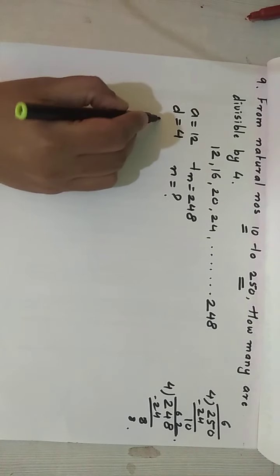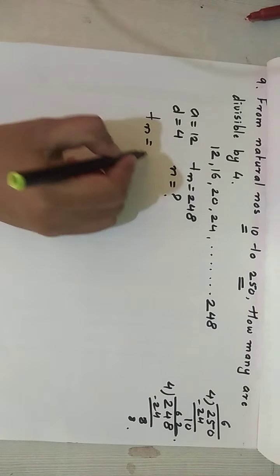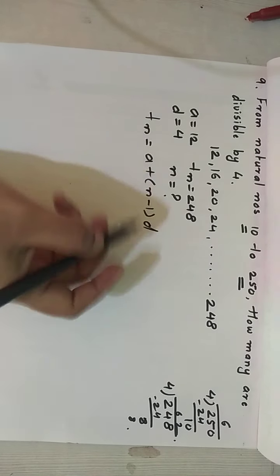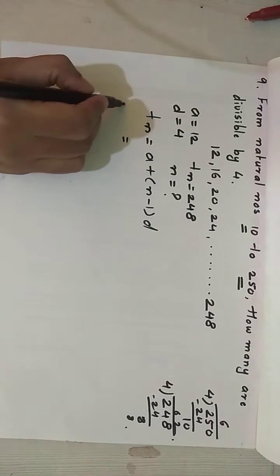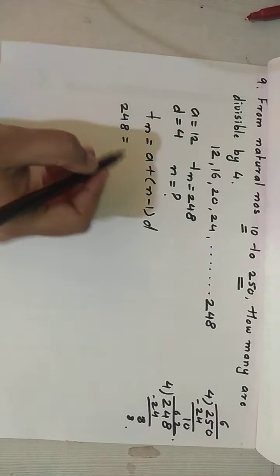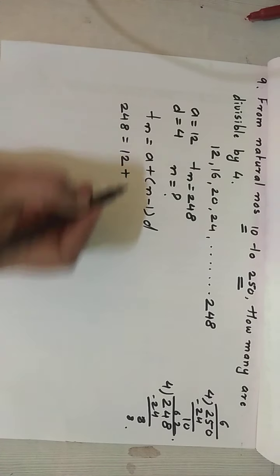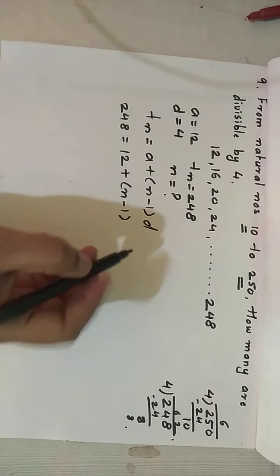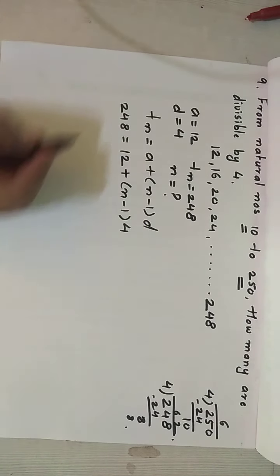Let's start with the formula of Tn. Tn is equal to a plus n minus 1 d. 248 is equal to 12 plus n minus 1 as it is, and d is 4.